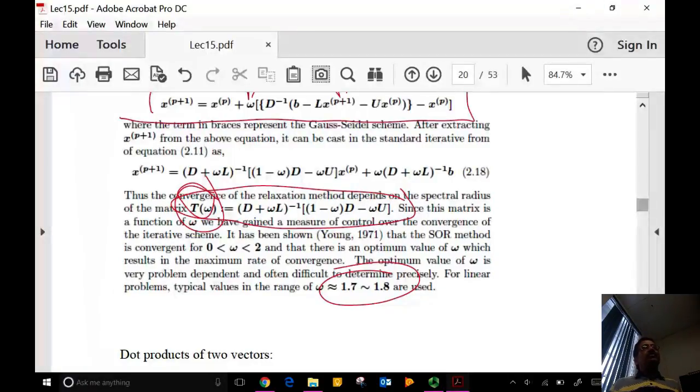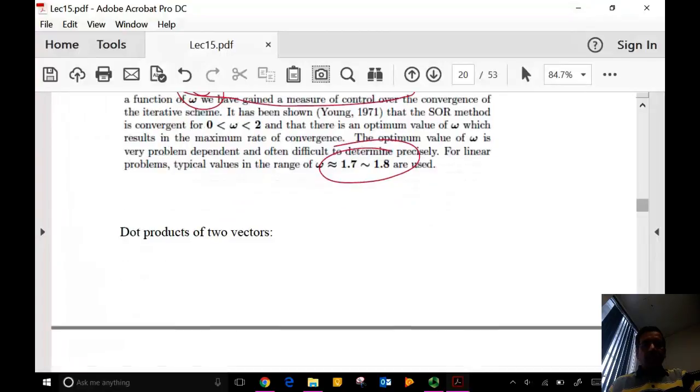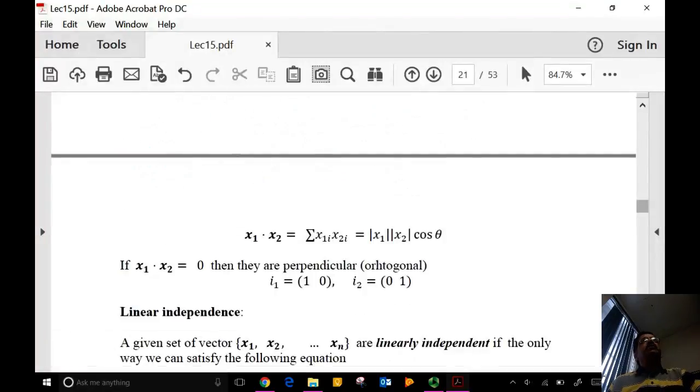It's also an iterative method, a very powerful method for large systems of linear equations. For HPC, it's particularly helpful because you can parallelize these very well. So we're going to switch gears and talk about these concepts of orthogonality of vectors, linear independence, etc. Any questions before we do that on the iterative methods?